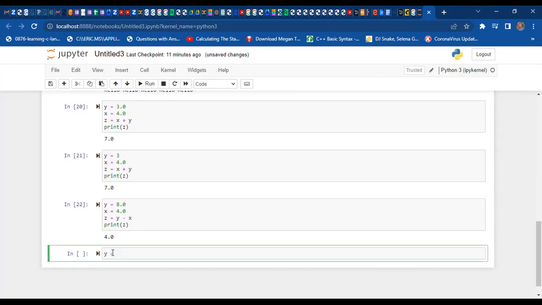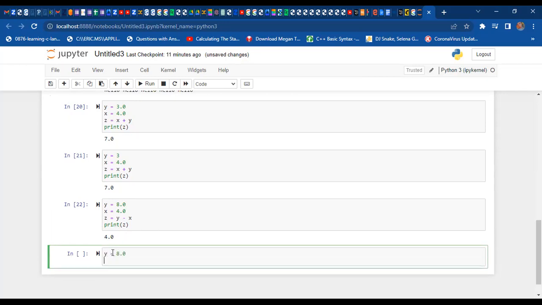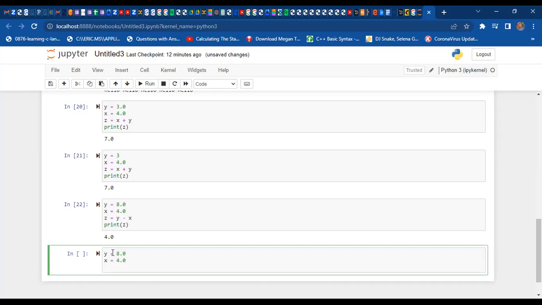y is equal to 8.0. x is equal to 4.0. I think both are floats. Oh, sorry, I didn't even notice. Yes, thank you for that correction. z is equal to y minus x.